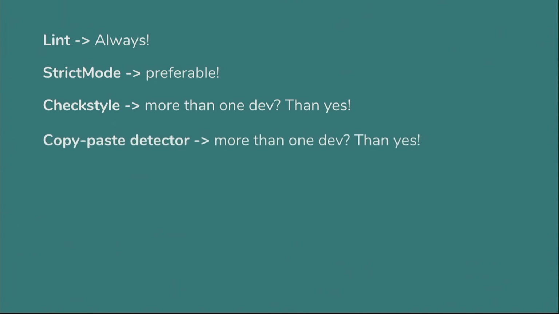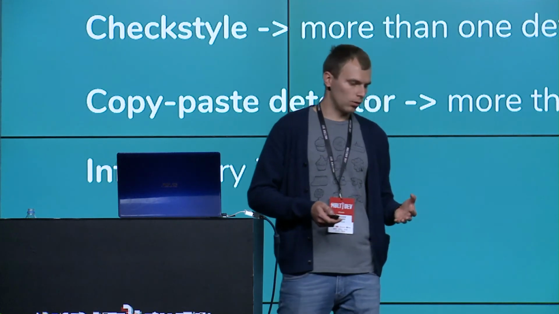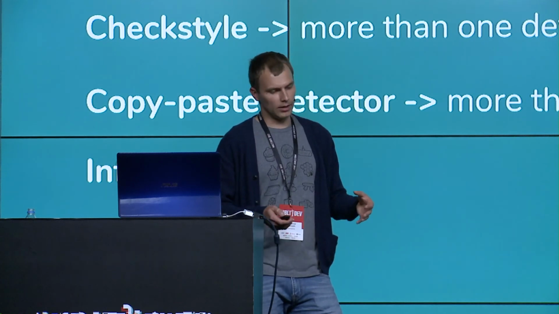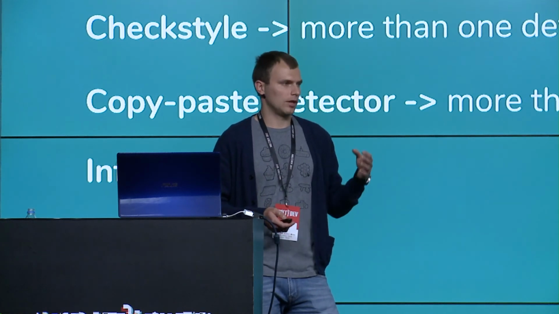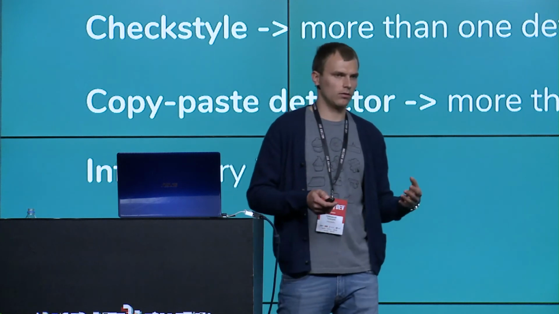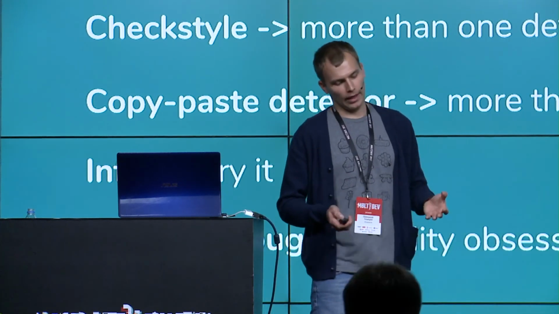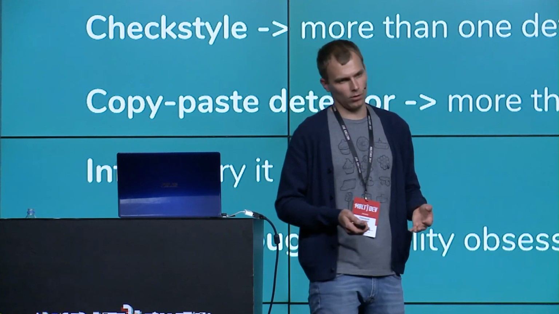Copy-paste detector, again, if more than one developer, yes, because you will not copy-paste. Infer, try it. It's quite smart, but it takes time to analyze, but at least during development, sometimes run it and check it, see what you may find with it. PMD and FindBugs, yeah, if you are quality obsessed, definitely also try it.